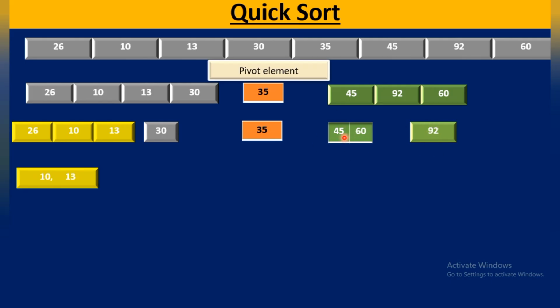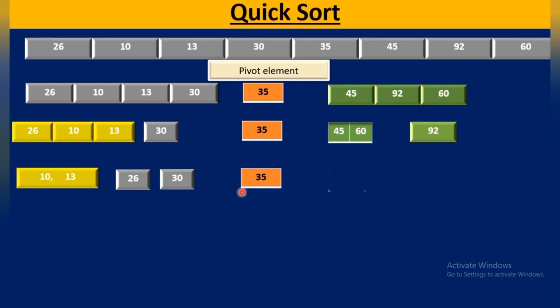Now the next bigger element is 26. We remove it from this group and separate 10 and 13 from the group. 30 is already split, and 35 is the pivot element. Can you follow, friends? So 26 is the next bigger element from this partition.